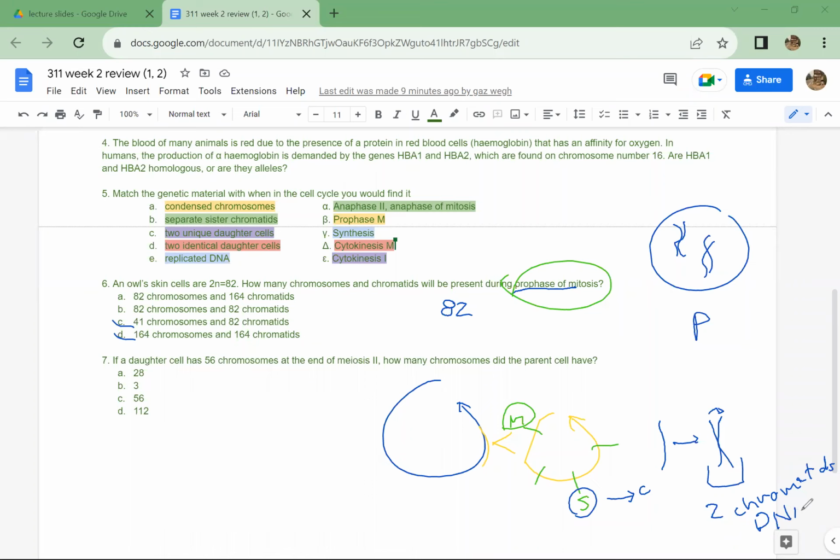Anyway, if each chromosome during this phase is made up of 2 chromatids, we know the number of chromosomes, so we can simply multiply by 2 to get the answer.